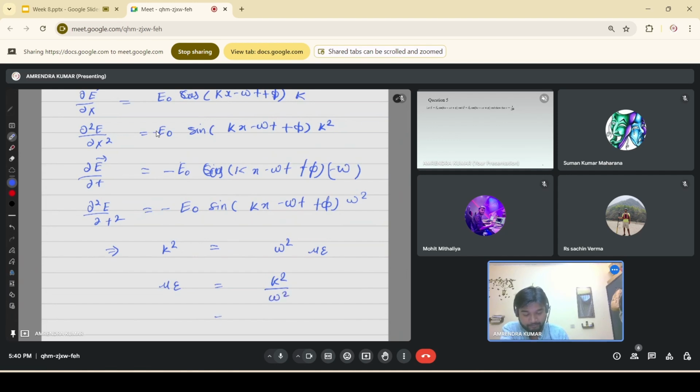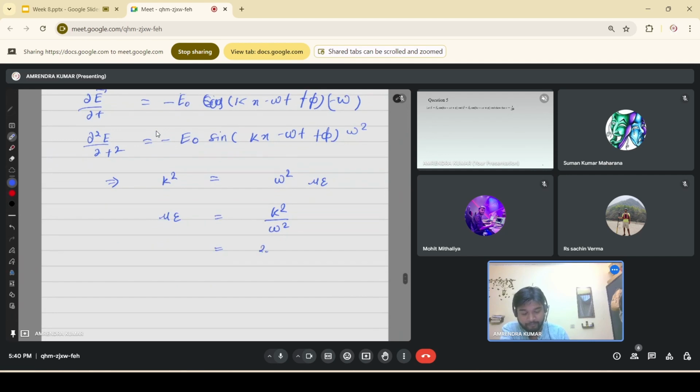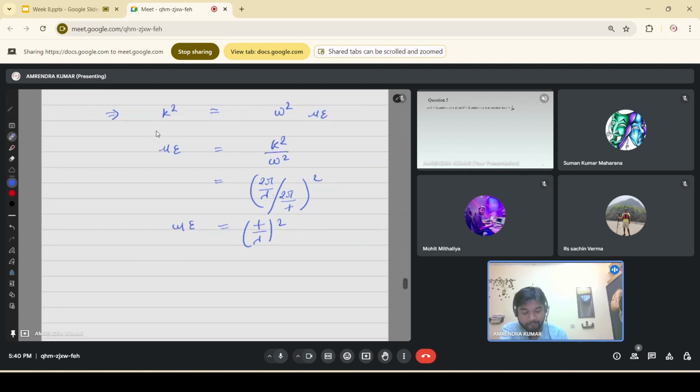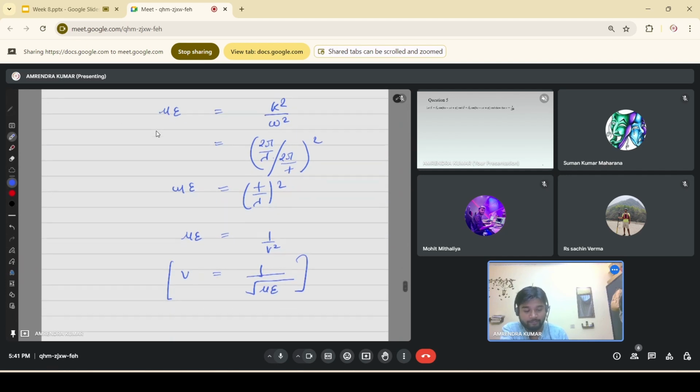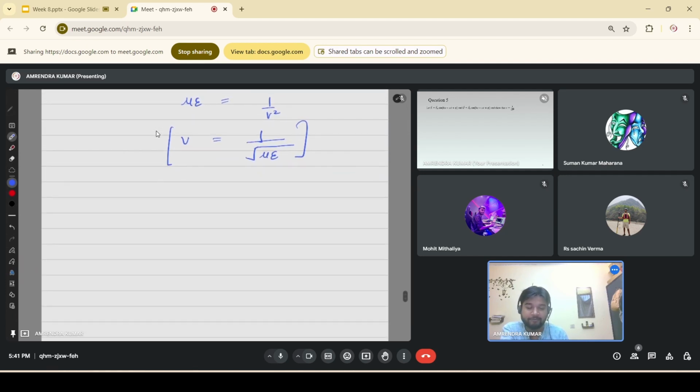And we know that k is 2 pi by lambda and omega is 2 pi by T, so the 2 pi will cancel out. It's nothing but T by lambda, squared, and that is 1 over v square. So from here v is equal to the square root of 1 over mu epsilon. This is how we proved it by putting this equation back into Maxwell's equation.